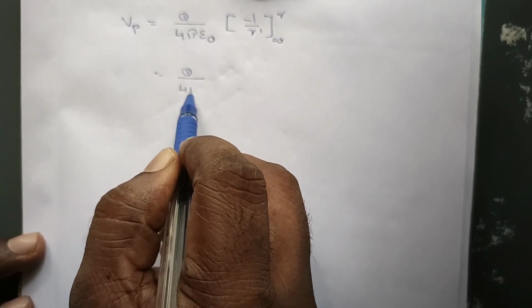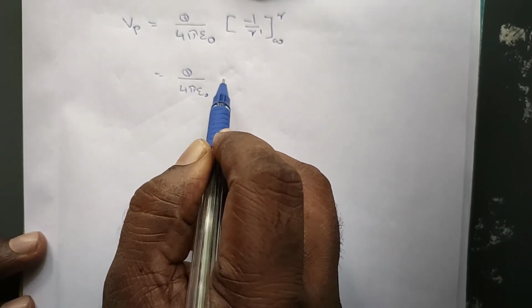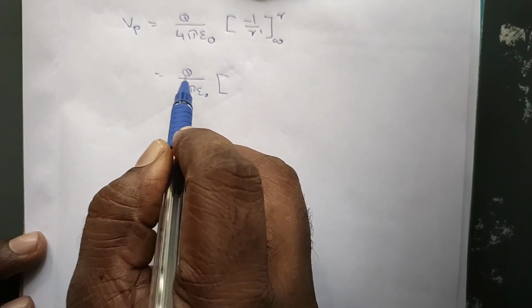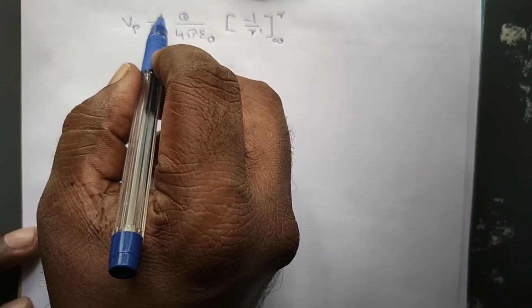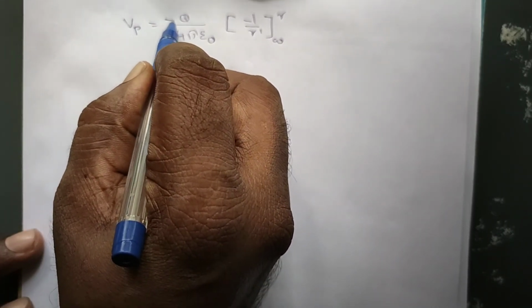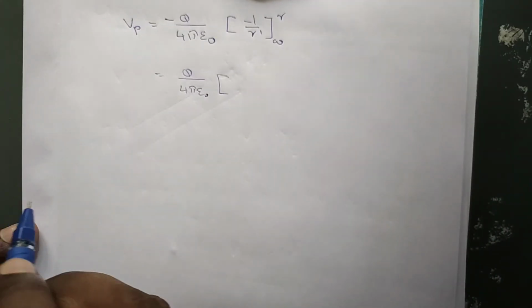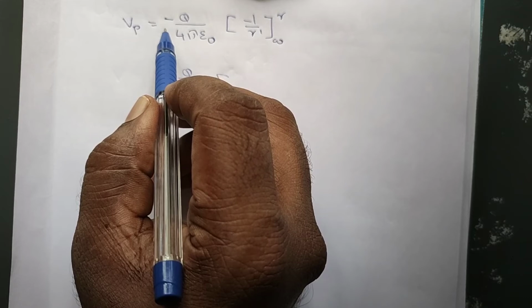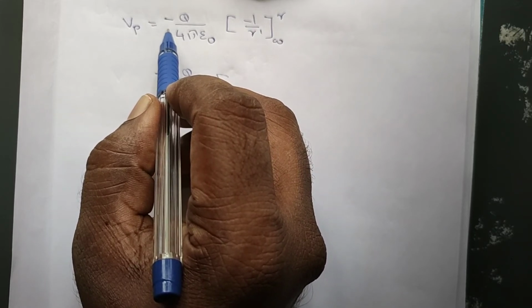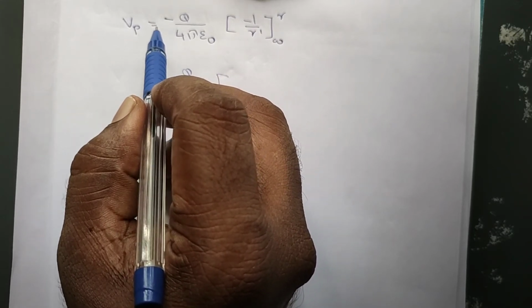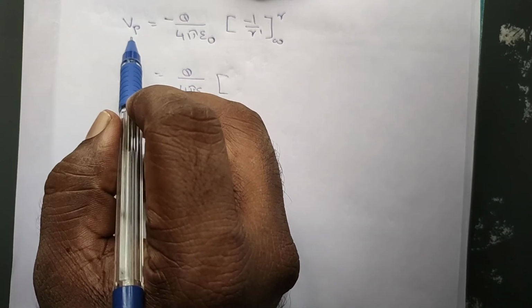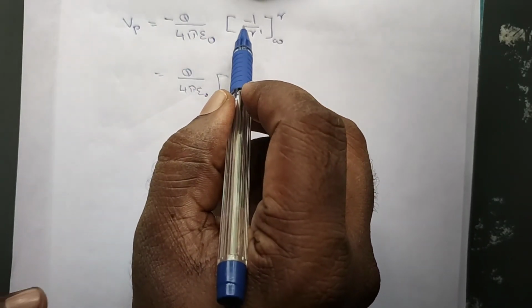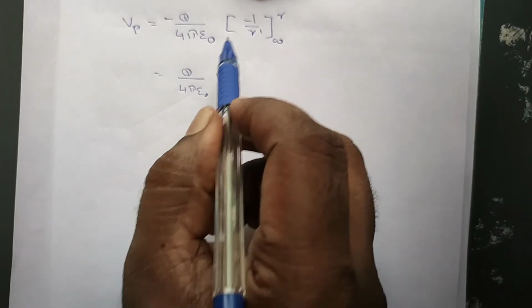So Q divided by 4 pi epsilon naught. This minus: already one minus is here, because the work done is to be minus already. I forgot to write it in the previous steps. Previously the work done is negative, so that negative sign is to be there. I missed it in the previous steps, so you just see that. Okay. So this minus and that minus become positive.